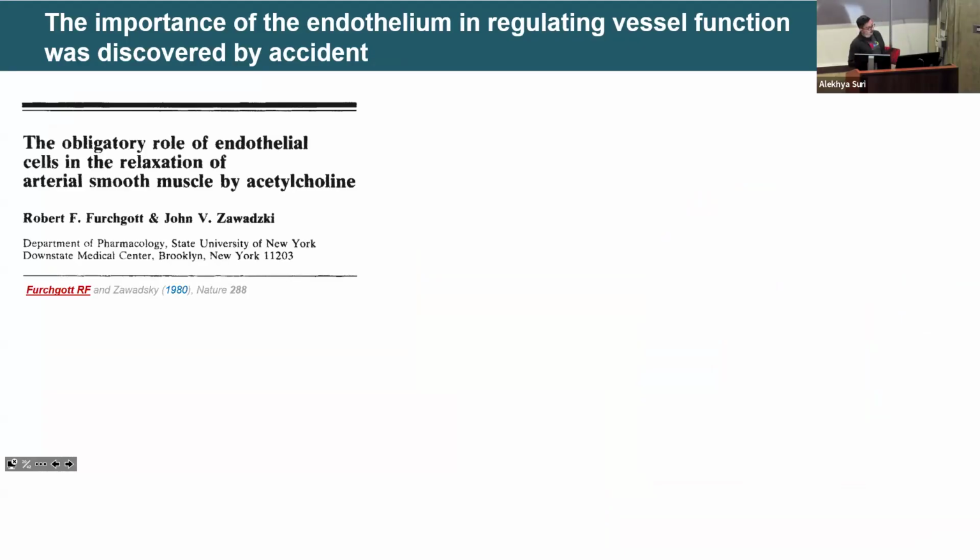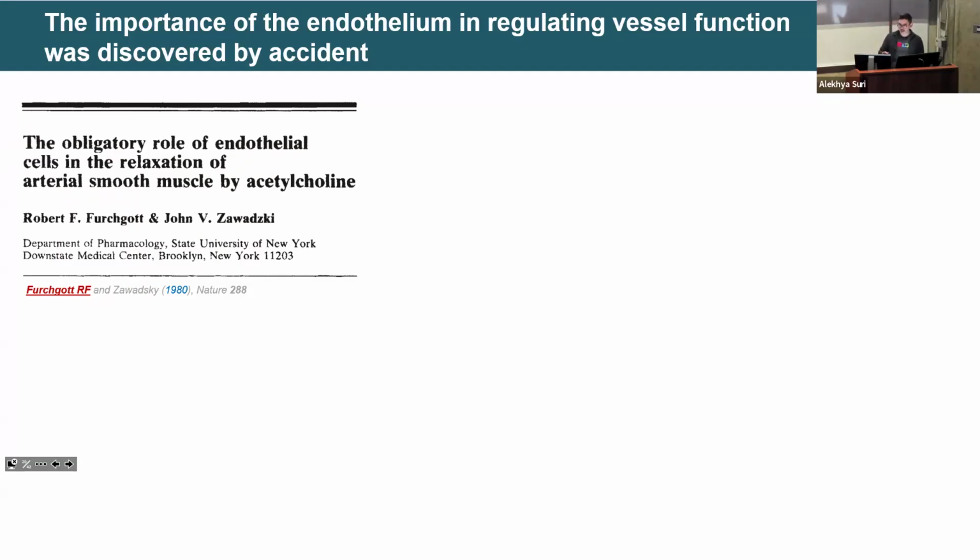In 1980, Robert Furchgott and John Zawadzki, working in Stony Brook, not too far from here, published this paper in Nature that described the obligatory role of endothelial cells in the relaxation of arterial smooth muscle by acetylcholine.